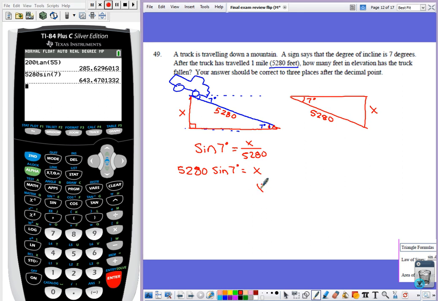And we have that we have fallen 643.470 feet. And that would be our answer. And it says correct at 3 decimal places, so make sure that you are rounding. All right, great, that's 49.